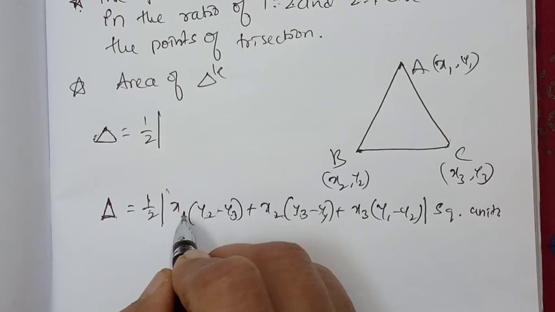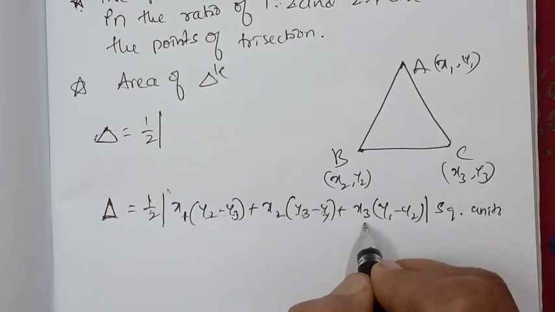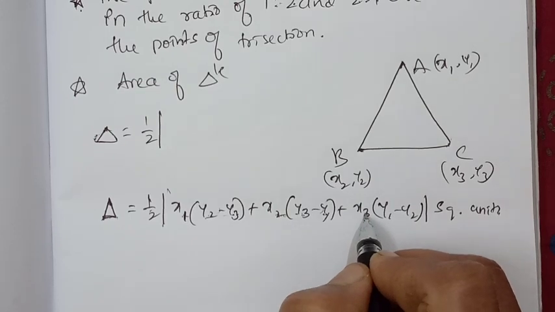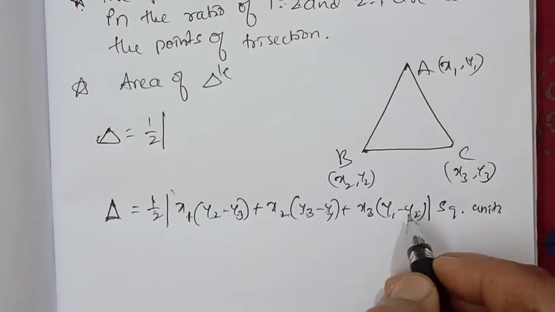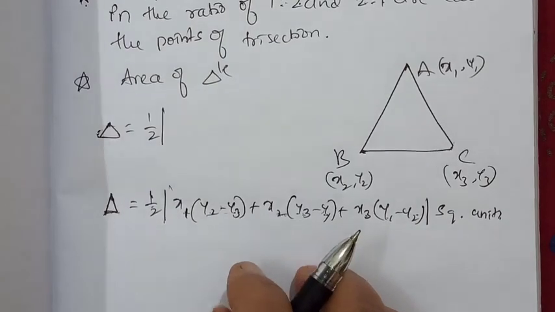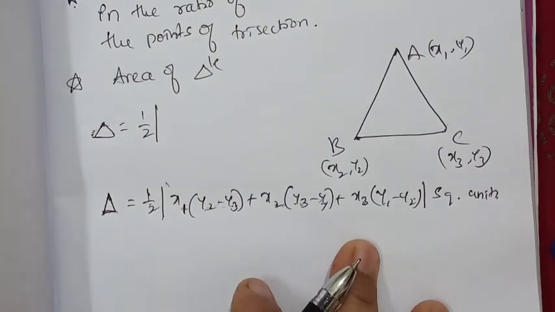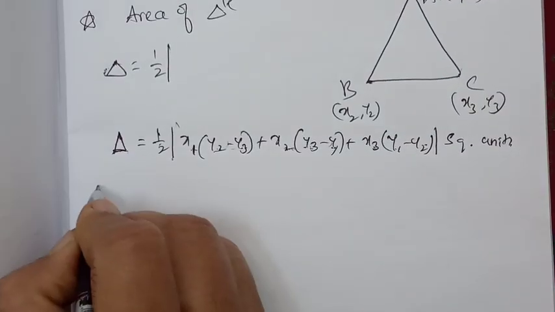So x1 with y2, y3; x2 with y3, y1; x3 with y1, y2. Whenever I'm writing the third coordinate, I use the remaining 1 and 2 of the y coordinates. This is a very important formula for finding areas. Okay, next one more important note.